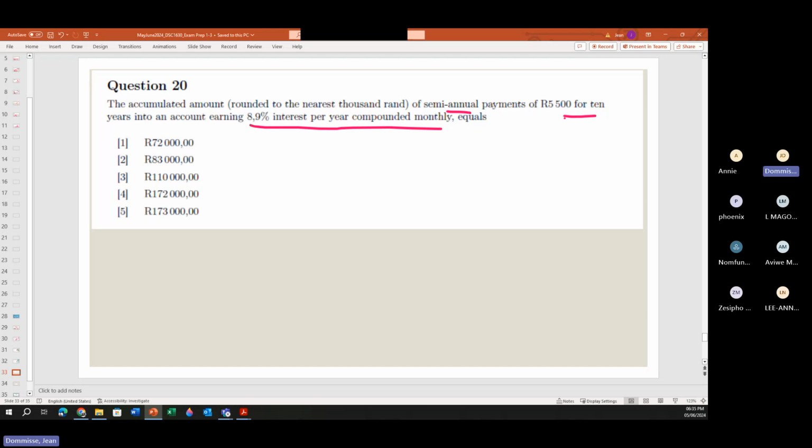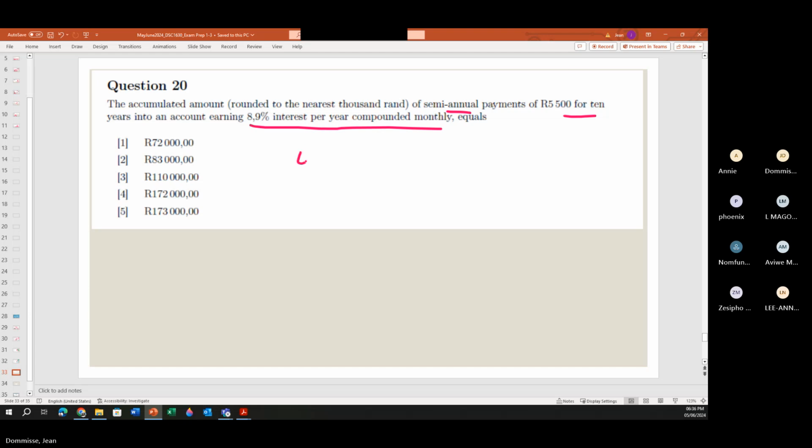Currently it is 8.9% interest per year compounded monthly, but look at the semi-annual payments. So we first need to convert the monthly interest into a semi-annual component.